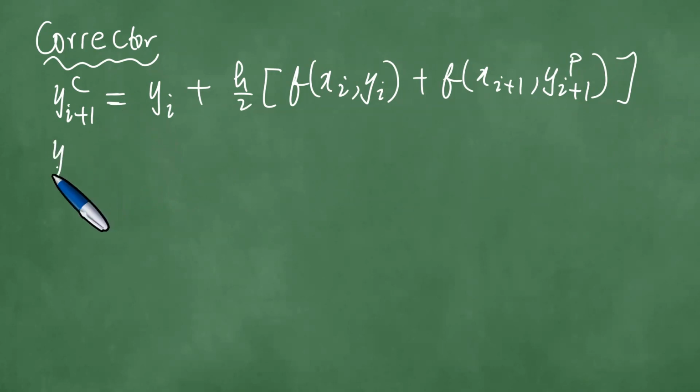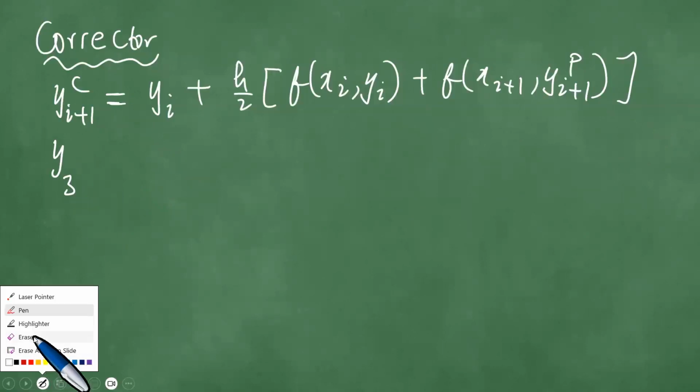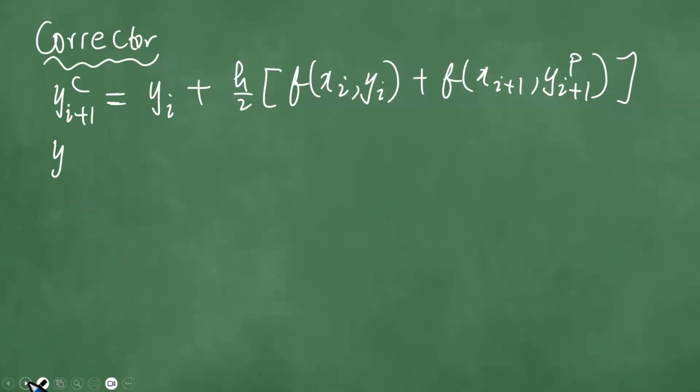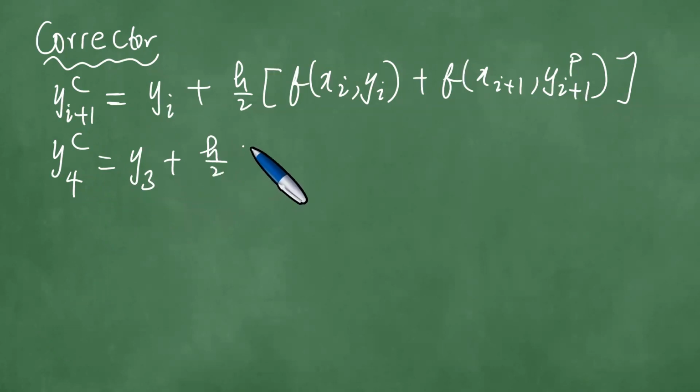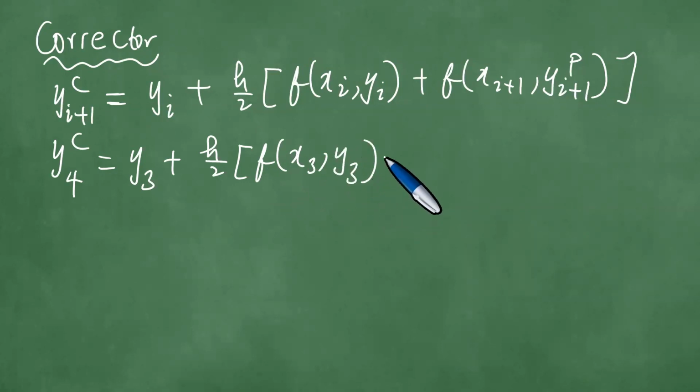We're looking for y4, which occurs when i is 3. So it's y3 plus h over 2 times f of x3, y3 plus f of x4, y4.